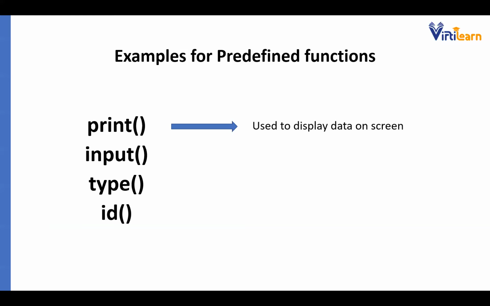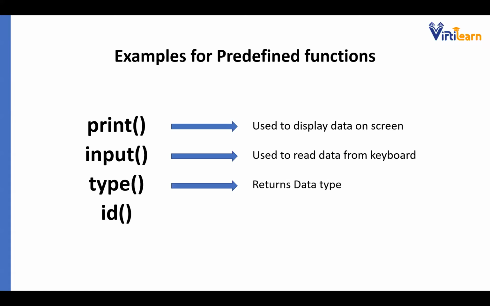Whenever you use print, something will be displayed on the screen, whatever you write inside of it. Next, we have the input function. What does the input function do? It is used to take input from the user, whatever you enter from the keyboard. We use input to read it. Next, we have the type function. What does the type function do? It returns the data type. Whatever the data type of your variable is, it is going to return it. We have the id function. What does the id function do? It is going to give you the address location of the particular variable.